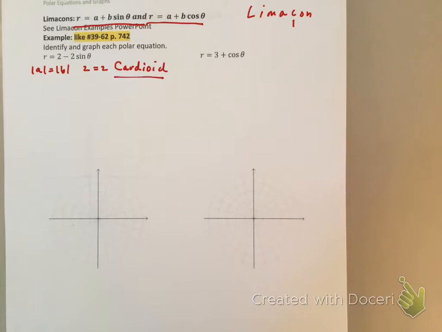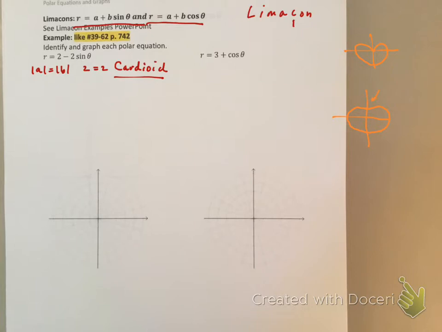Alright, what in the heck do all these shapes look like? Well, I'm going to do my fluorescent orange here and show you. A cardioid is going to have a shape that, if this is the graph, is going to do something like this. It's not going to be quite so heart-shaped. And then you're going to have a limaçon with a slight indentation, and it's going to look kind of like this.